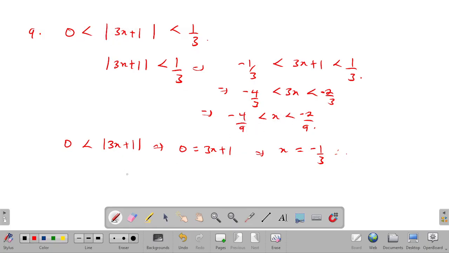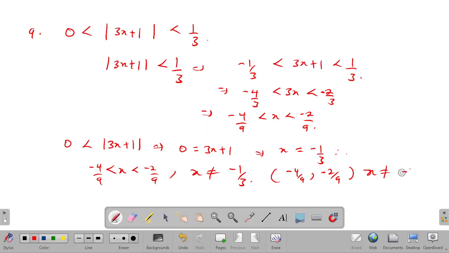So therefore, our answer is simply going to be x greater than negative 4/9 and less than negative 2/9, where x is not equal to negative 1/3. As simple as that, okay? Or you simply write the open interval negative 4/9, comma, negative 2/9, where x is not equal to negative 1/3.